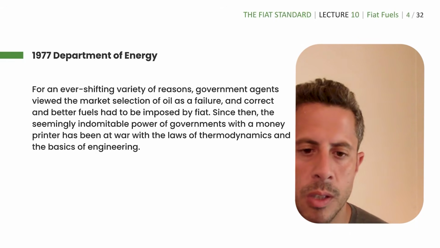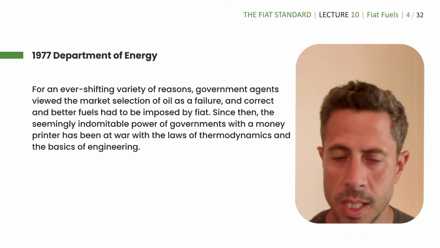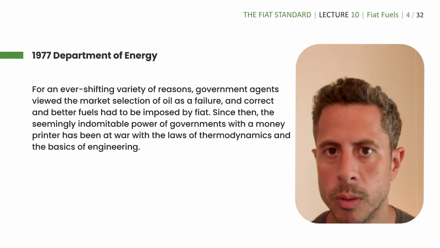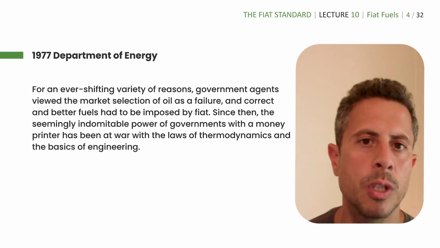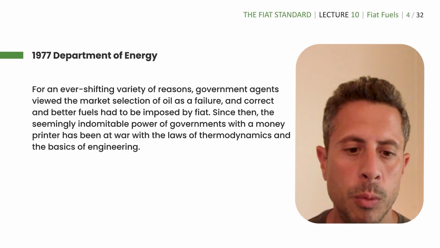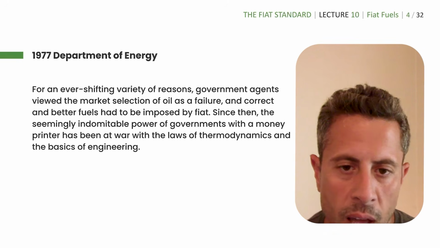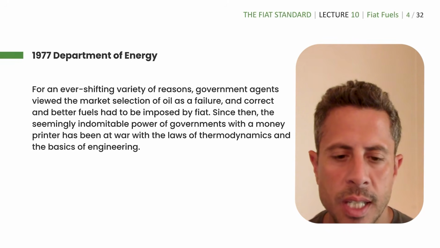Because of this, the US government essentially has made it its priority since the 1970s, since the establishment of the Department of Energy, to manage the transition away from hydrocarbon fuels into what they call renewable fuels. And everything since then has centered around that.